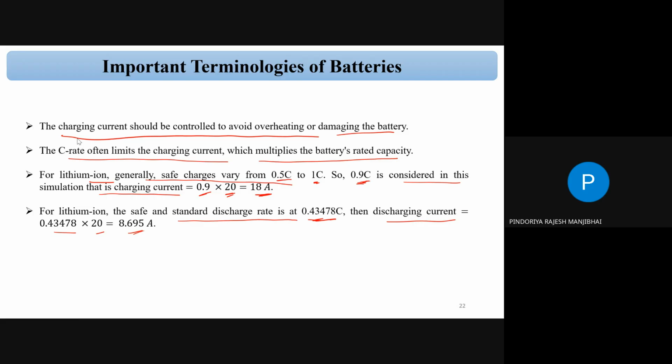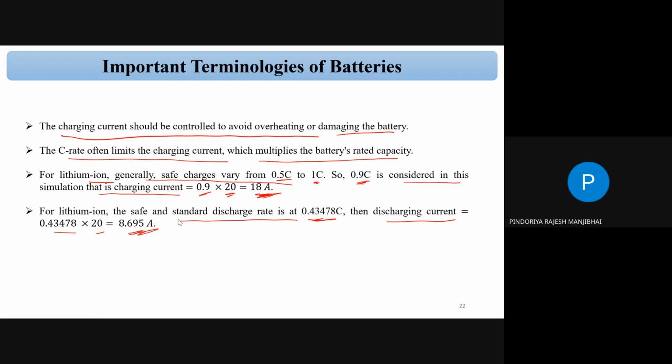So you have to keep giving this current from the charger to charge your battery, and at this current we connect our load so that it can draw 8.6 amperes constantly. Correct? Maybe a student asked how much current is required to charge our battery.